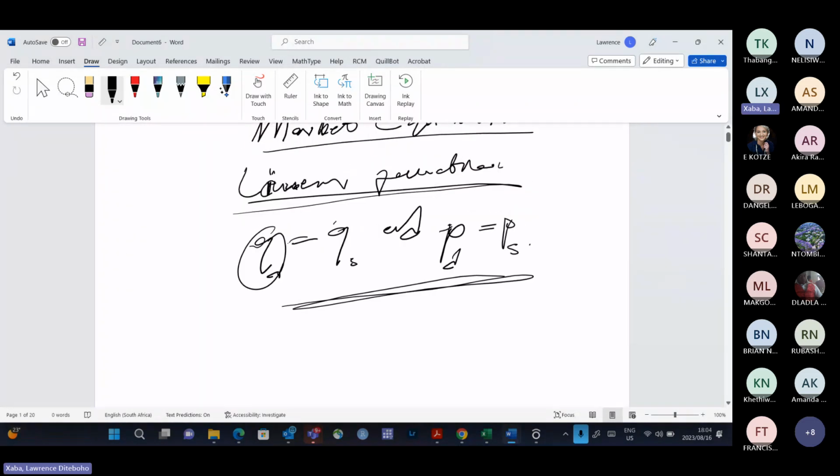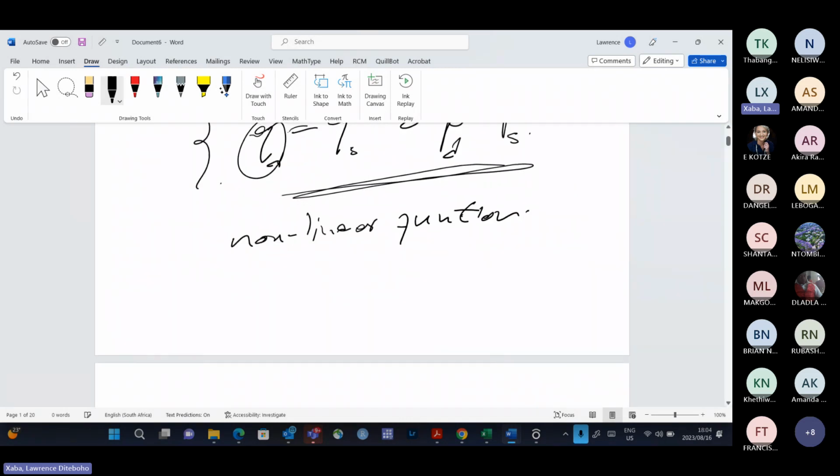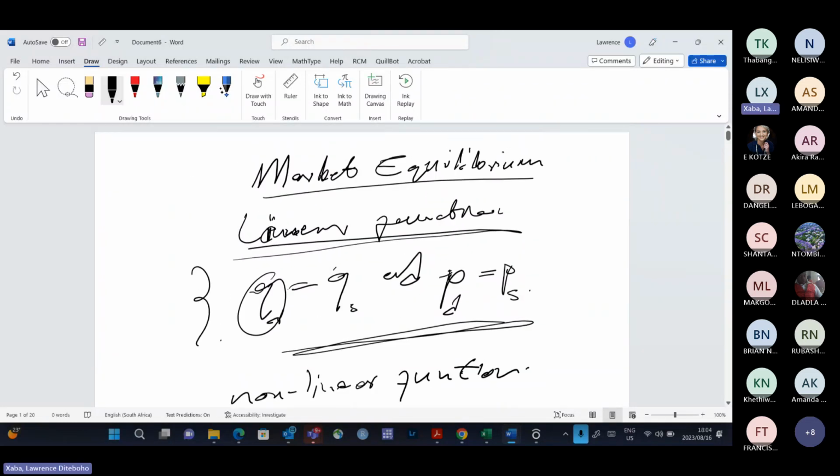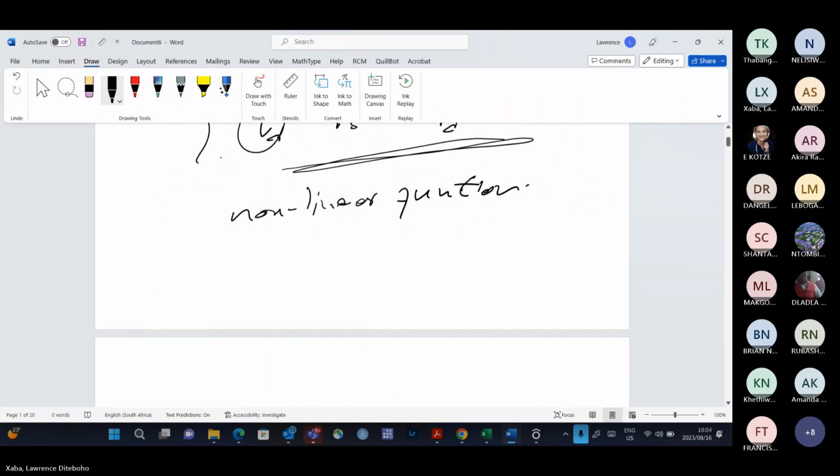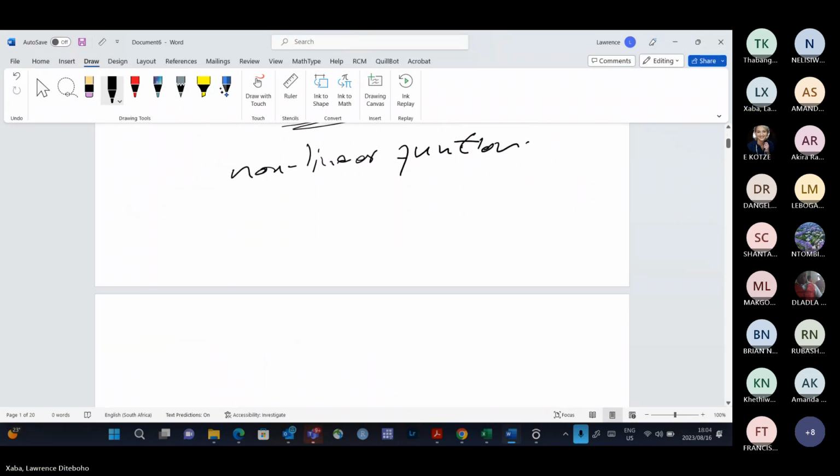So we are going to continue with it, but now the difference is it will be under nonlinear functions. But the approach is still similar. The only difference is that now we're talking about quadratic equations, whereas previously we were talking about linear equations, which is your straight line.